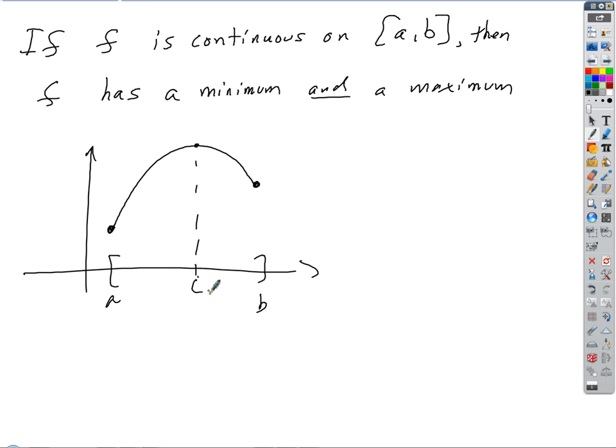Does that make sense? Where does the minimum occur? At A, okay. Where does the absolute maximum occur? At C, okay. Now we're going to look at the blue graph, different than the black graph. Now the blue graph looks like this.